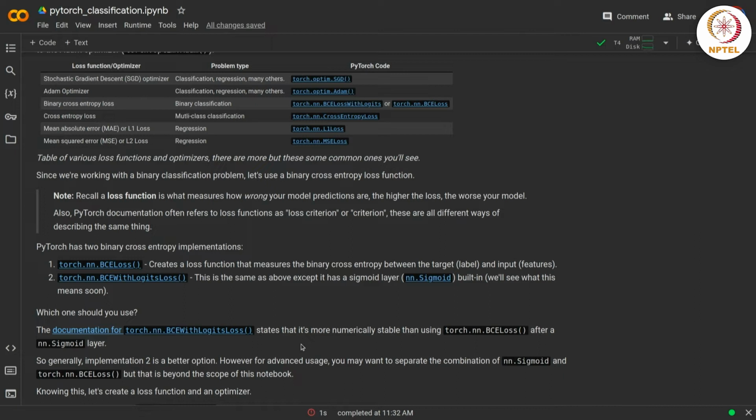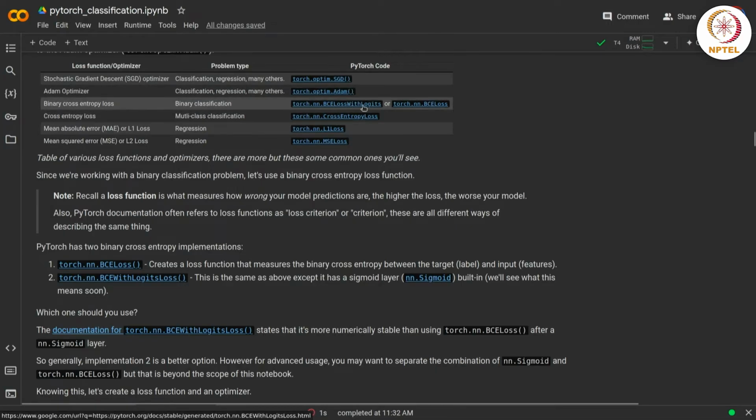Whereas when it comes to classification, what you would have to use is something like BCE loss, binary cross entropy loss, or binary cross entropy loss with Logits. Again, all of these loss function implementations you are taking from torch.nn. If it is a binary class, you can use BCE loss with Logits or BCE loss. If it is a multi-class classification where you have more than 2 classes, then you can use cross entropy loss.